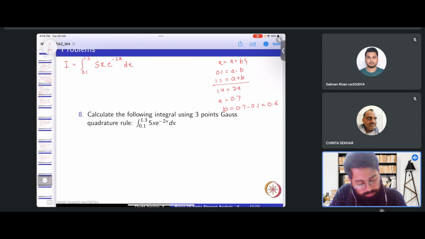The value of the Jacobian is 0.6, that is, (b minus a) by 2. So we have the transformation function x equals 0.7 plus 0.6 zeta, and the Jacobian is 0.6.